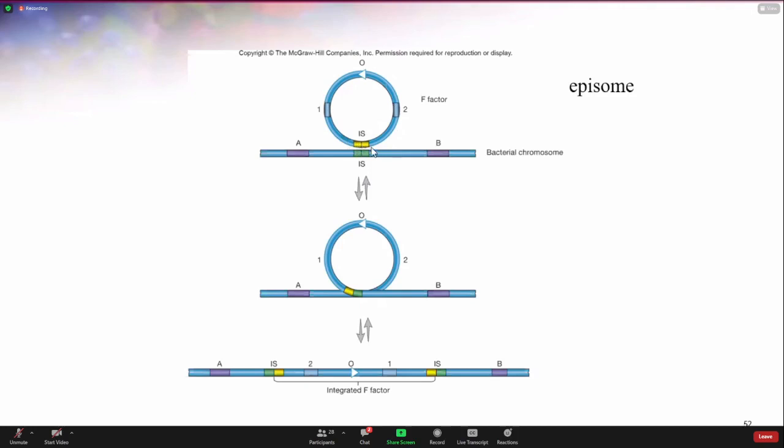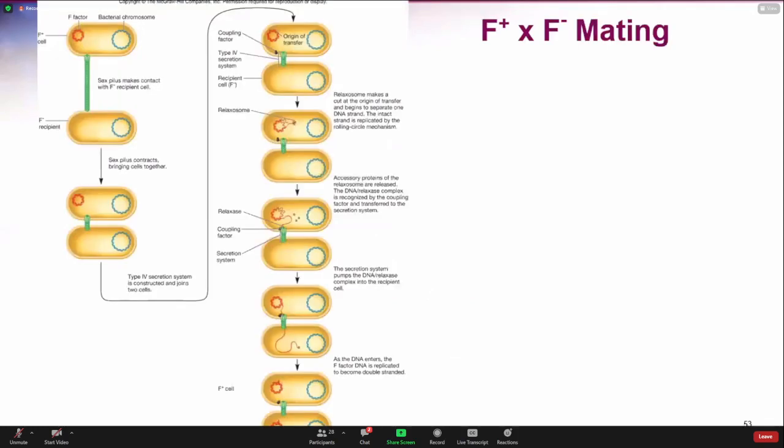The F factor has an insertional sequence that it uses to recombine with the bacterial chromosome, and it will become integrated into the bacterial chromosome. And the bacterial chromosome would now have essentially two origins of replication, one that came from the F factor and the one that was part of the original bacterial genome.